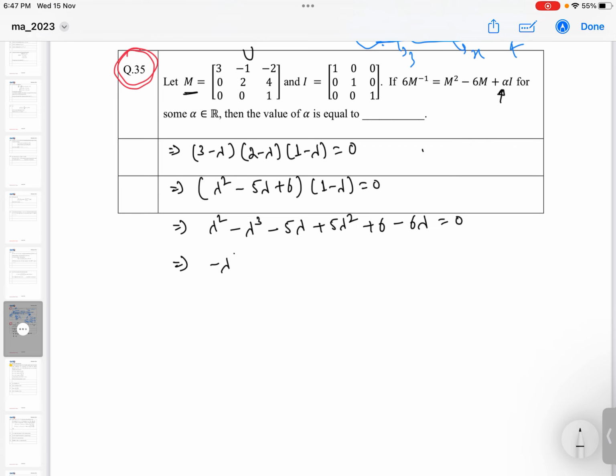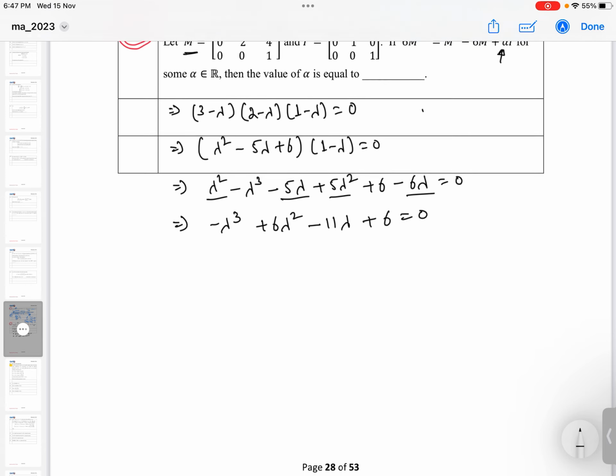So minus lambda cube plus 6 lambda square minus 11 lambda plus 6 is equal to 0. Now you can simply put the matrix M in place of lambda. So it will be minus M cube plus 6M square minus 11M plus 6 is equal to 0.